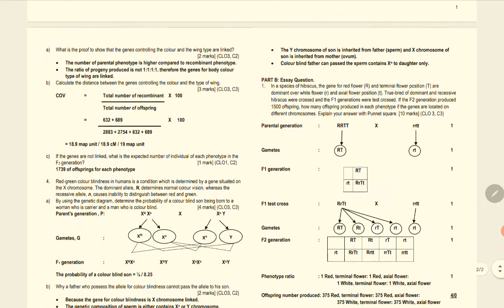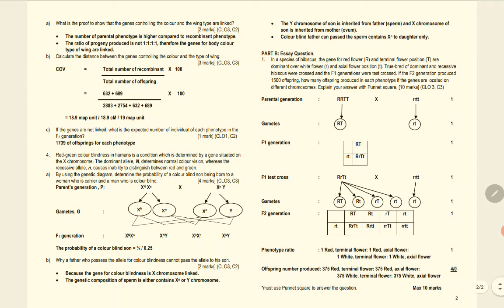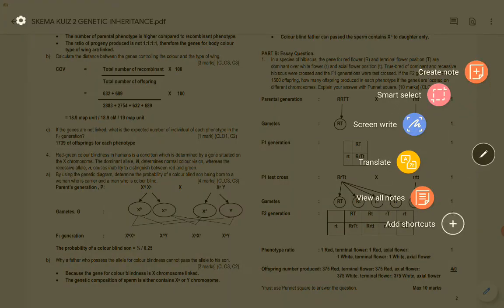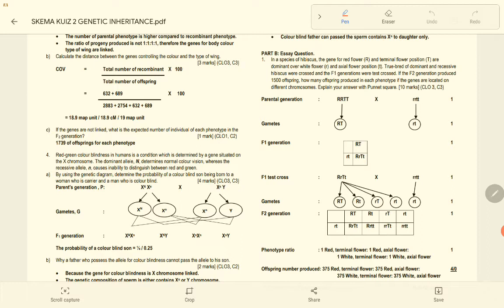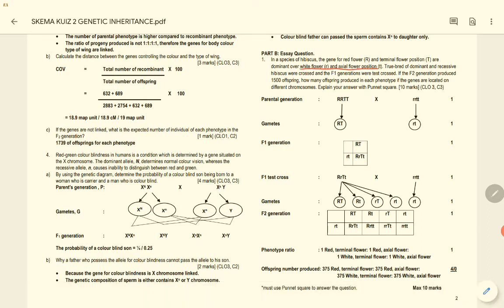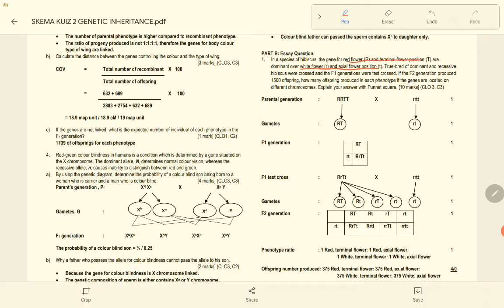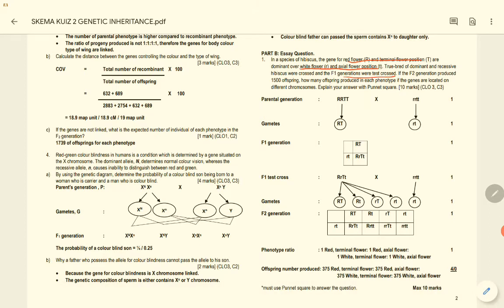Alright. Okay, essay question. In a species of hibiscus, the genes for red flower and terminal flower position are dominant over white flower and axial flower position. So a true-breeding dominant and recessive hibiscus are crossed, then an F1 test cross.